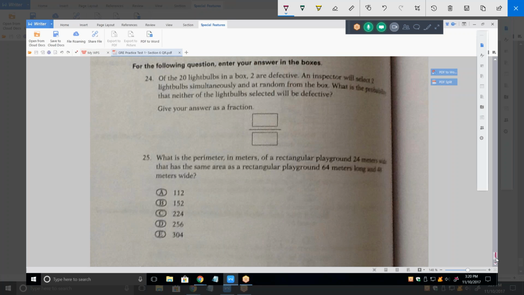It's a hard way to do it, but it's the more sophisticated way to do it, and it's the quicker way to do it. So half of 64 is 32, so multiply.